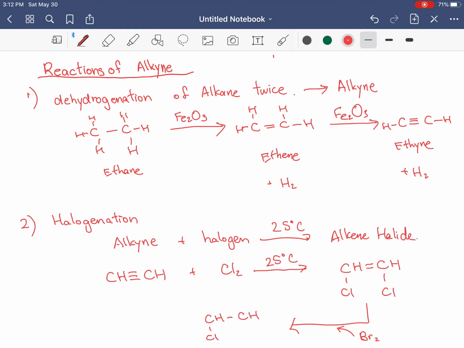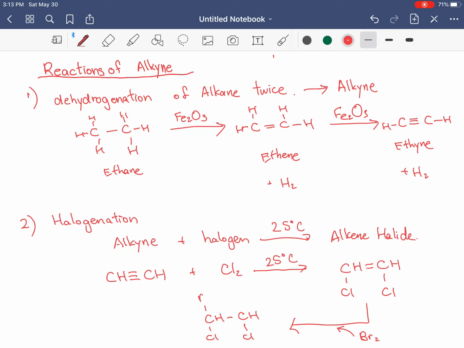So what happened is that this double bond, one of them, is going to break. As a result, you get this. This carbon is missing a bond. This bromine gas is going to break apart.